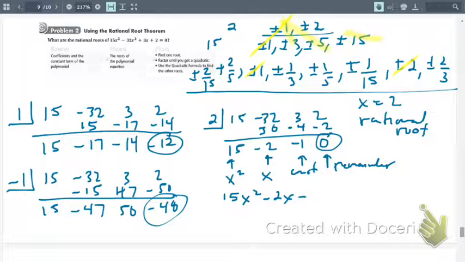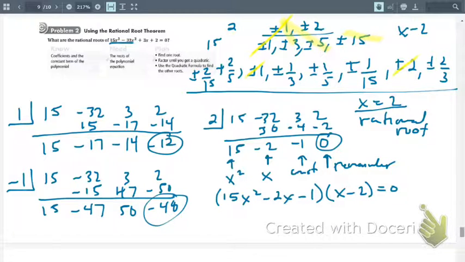Alright, so let me kind of show you this way. So what we know is that if we take this, 15x squared minus 2x minus 1, and we multiply it by, so we know that x equaling 2 is a root, so if we get the 2 on the same side as the x, that x minus 2 is a factor.